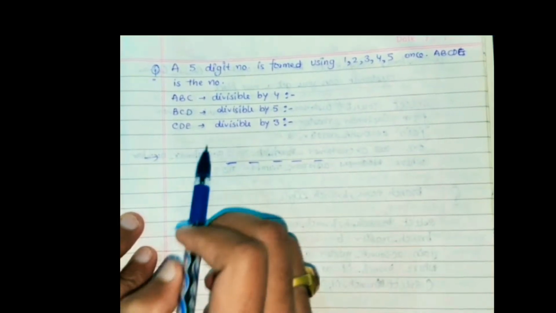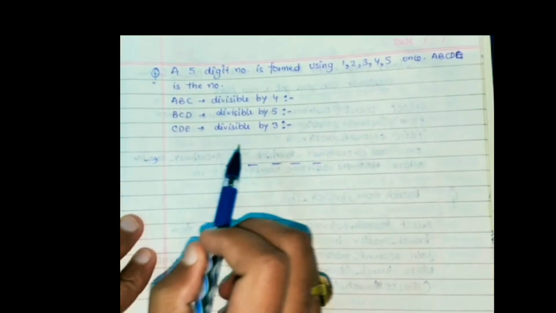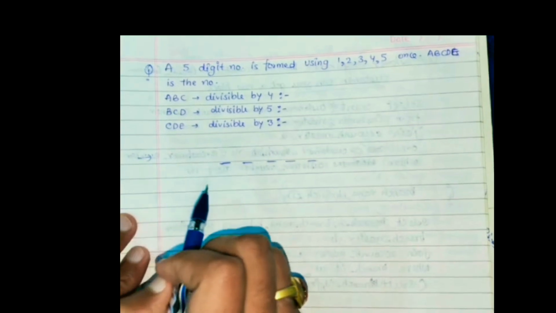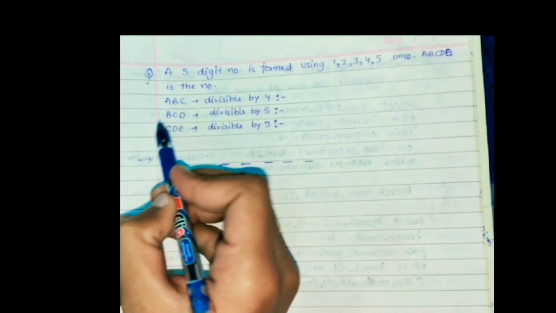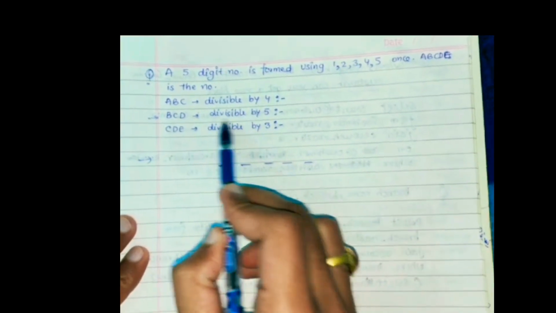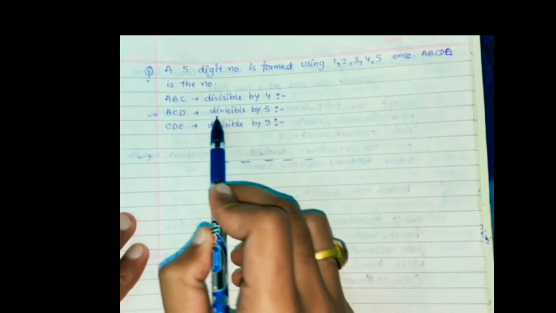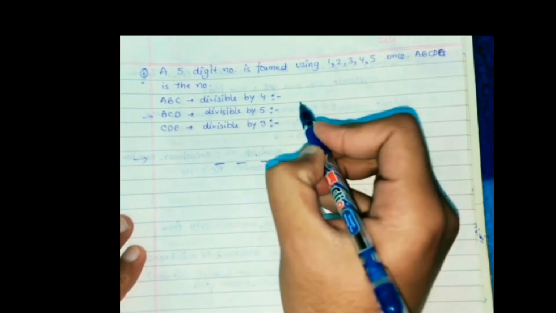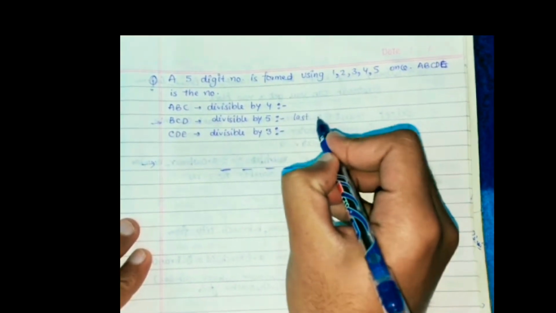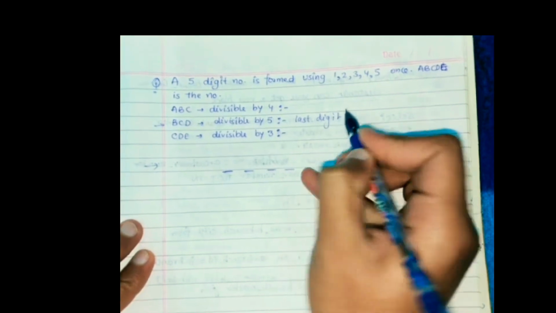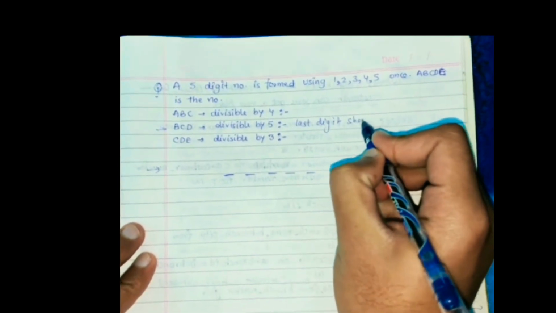In order to solve this type of question, we'll make use of divisibility rules. Looking at the three conditions given, I think the second one is the easiest, because it says it is divisible by 5, and if we remember, the divisibility rule of 5 says that the last digit should be either 0 or 5.